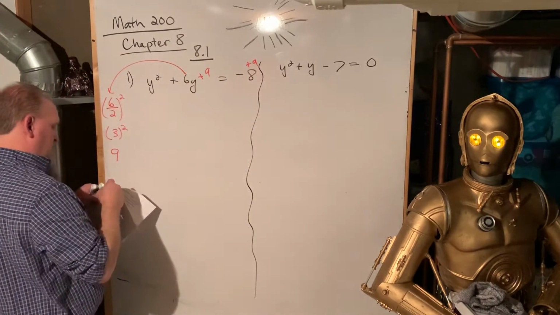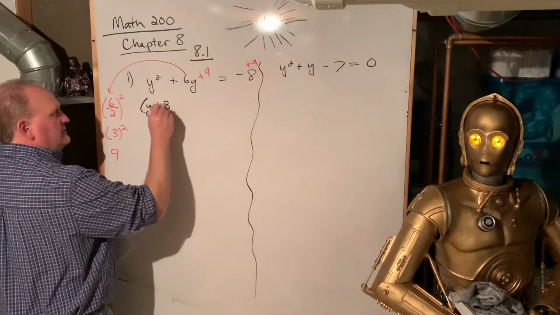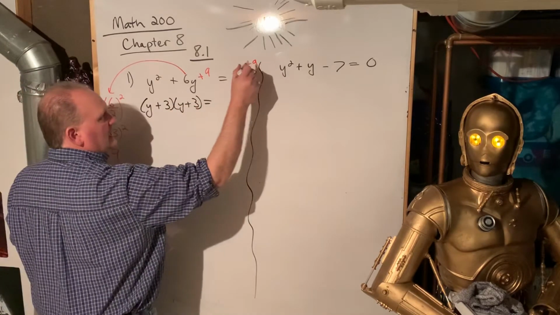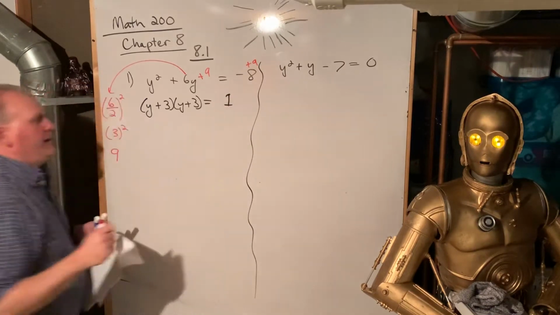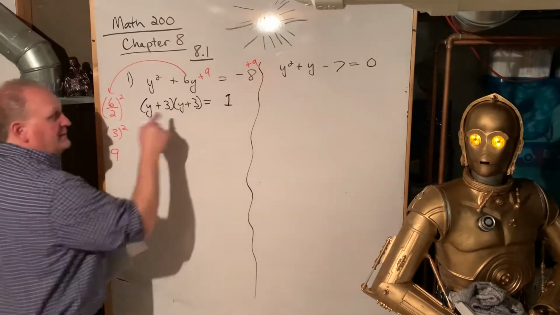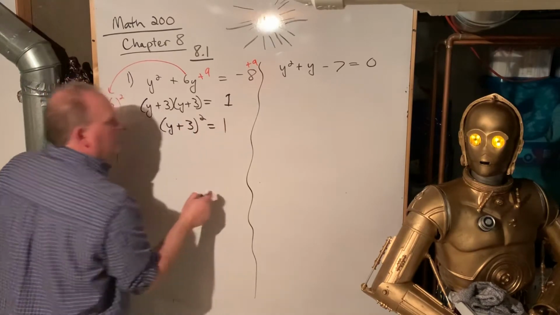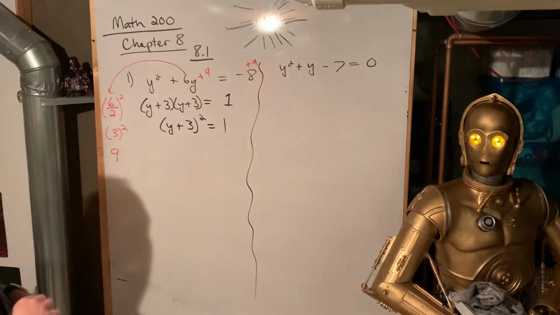So here, we can now factor it into y plus 3 times y plus 3 equals negative 8 plus 9 is 1. All right. And now, if you take a look at this, we have y plus 3 quantity squared equals 1. We've solved that. That was on the page before. We just solved a couple of problems like that.